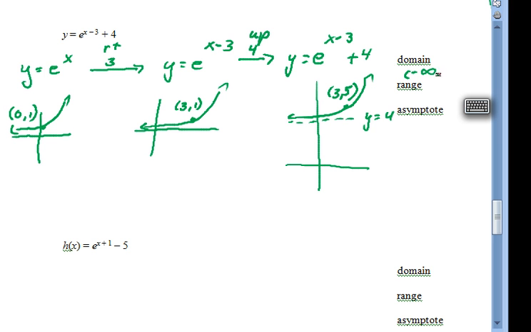Domain, negative infinity to infinity. Range, 4 to infinity, not including the 4. And horizontal asymptote, y equals 4.